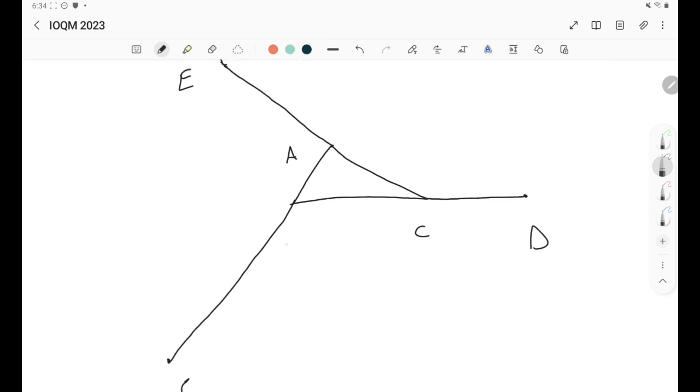They're giving us that B is the origin, 0, 0. They're giving us the centroid of the triangle ABC. They're saying that the centroid G is (32, 24).